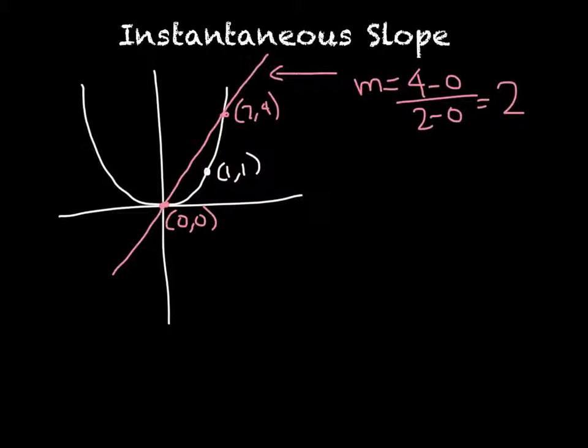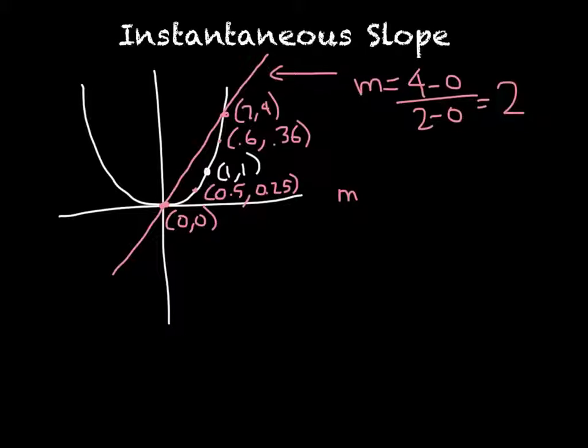But we can do better than this. What if we choose a point that's 0.5, 0.25, and how about 0.6 and 0.36? Now let's find the slope of this secant line.